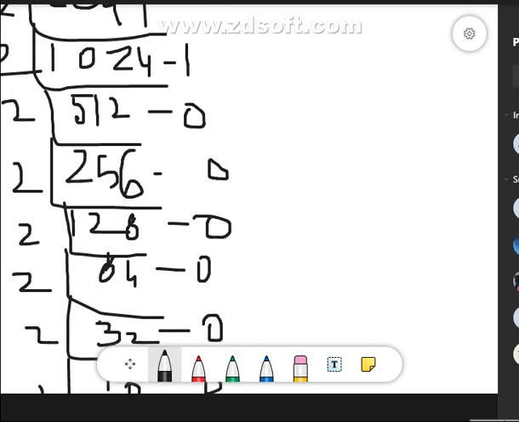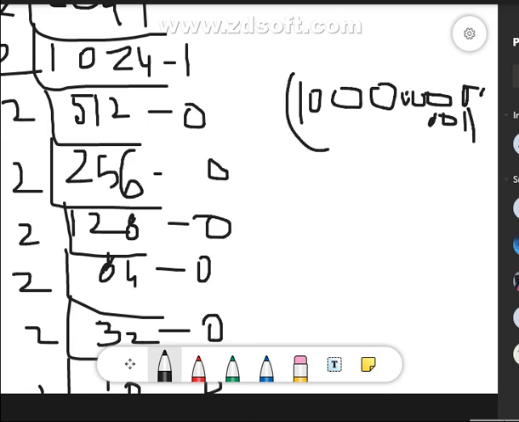So the remainders from bottom to top are: 1, then zeros, 1 2 3 4 5 6 7 8 9 10, ten zeros from bottom to top, and 1.